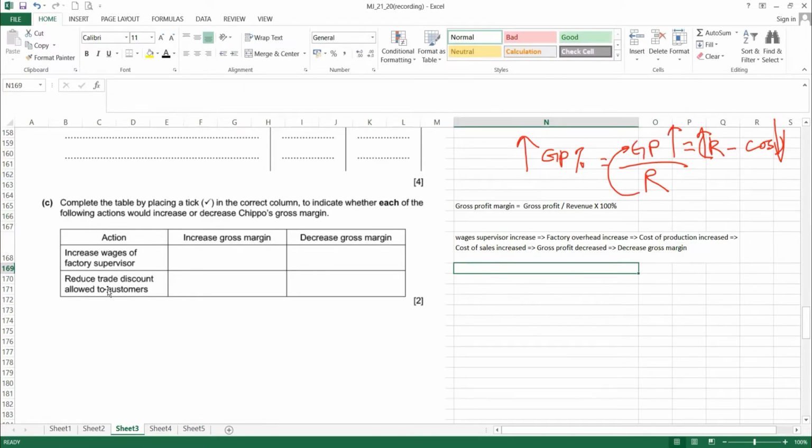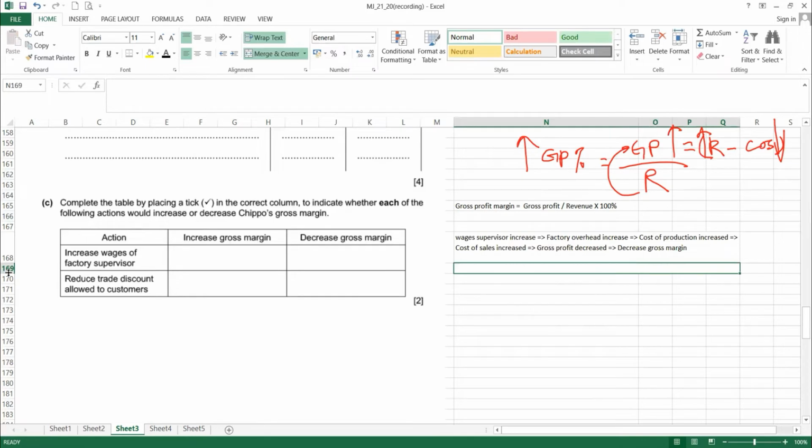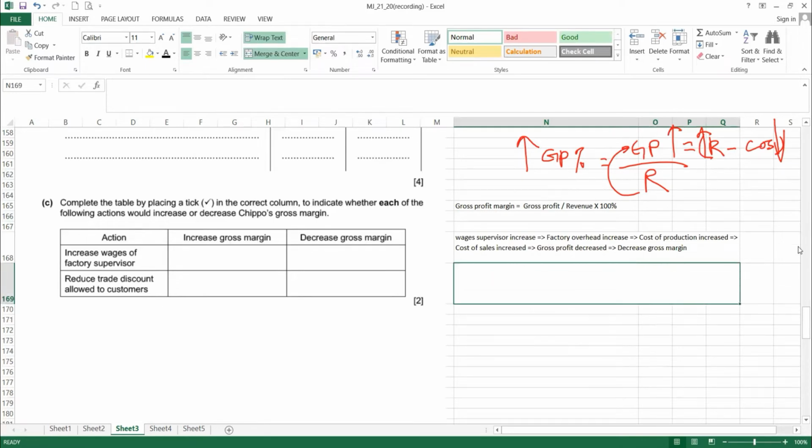Next is reduce trade discount allowed to customer. So, let me copy this. Okay. Trade discount to encourage customers to buy more or bulk purchases.